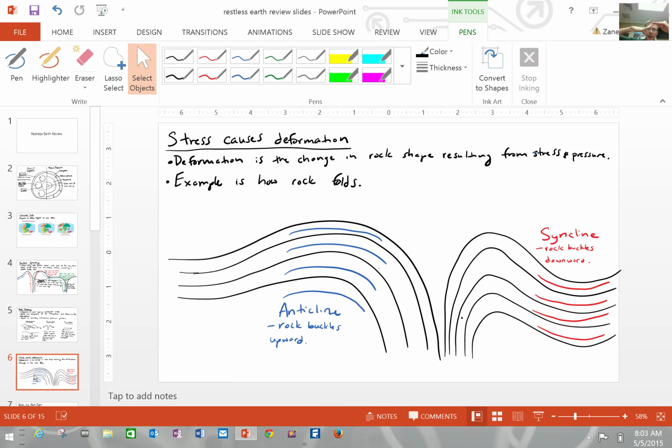Kind of like this. The way you can remember that, syncline, you get this middle section kind of sinking down. That's a syncline. Okay? That's basically how rocks can fold. So yeah, that's an example of deformation. That's pretty much all you need to know for anticline and syncline. Just remember anticline upward, syncline rock buckles downward.